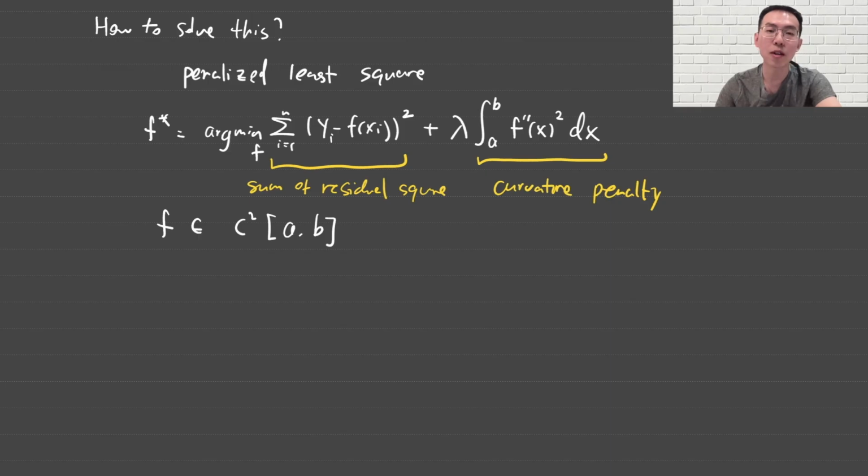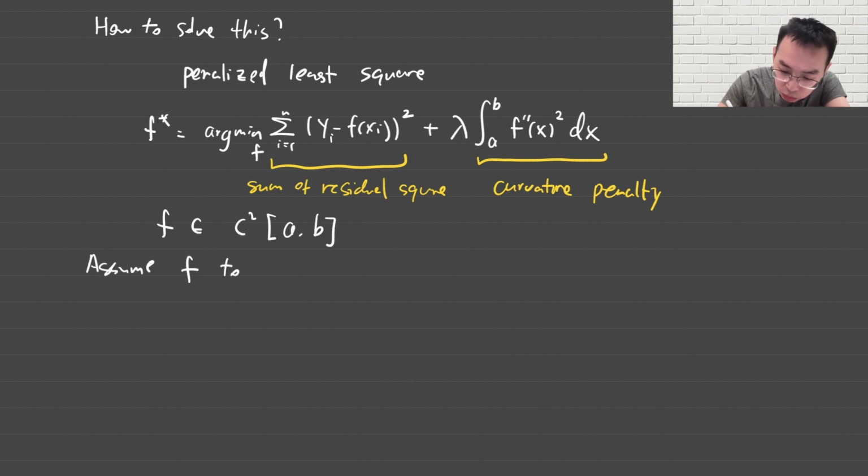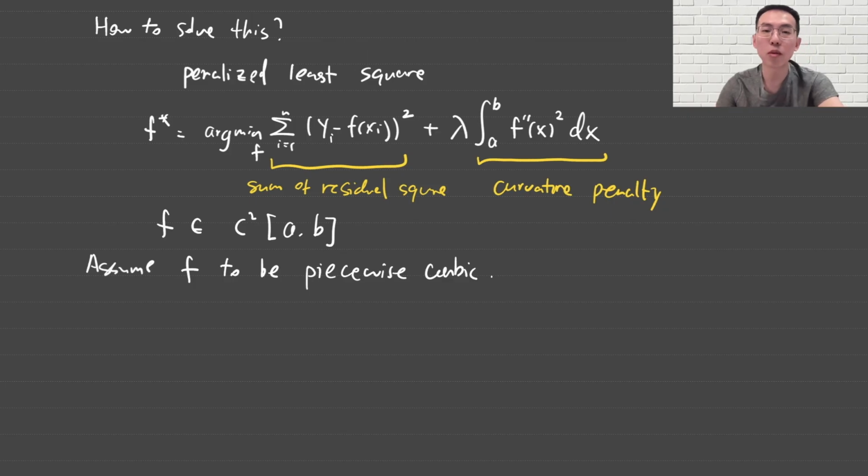So what we'd like to do here is reduce the functional space to make f more specific. We can assume f to be piecewise cubic. Just like last time, we already saw in the cubic spline that a piecewise cubic function is nice because we can make the first and second derivatives both continuous. So that's the specific set of functions we're going to use.